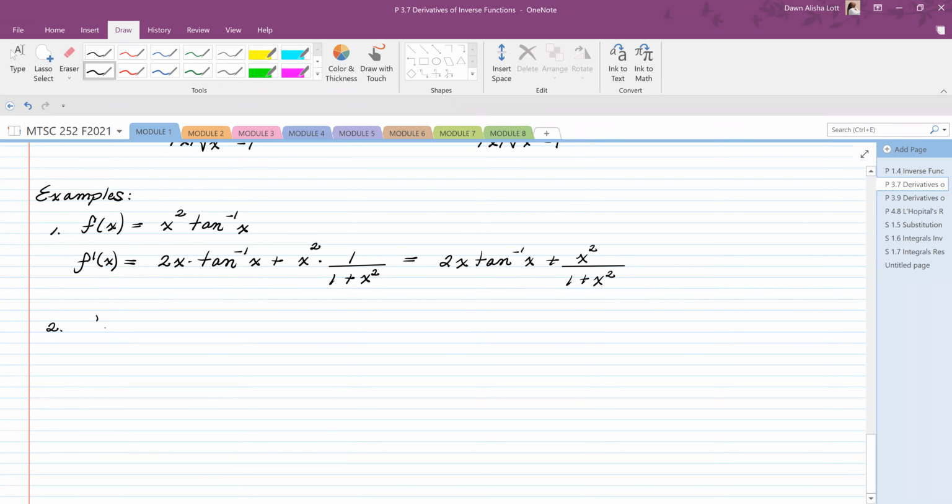F of x is equal to the sine of x times the sine inverse of x.